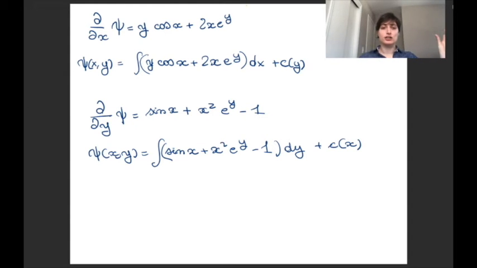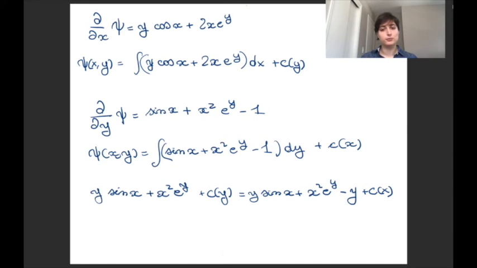It must be such that it's the integral of y cos x plus 2x exponential of y dx plus anything depending only on y, and also the integral of sine of x plus x squared exponential of y minus 1 dy plus anything depending only on x.